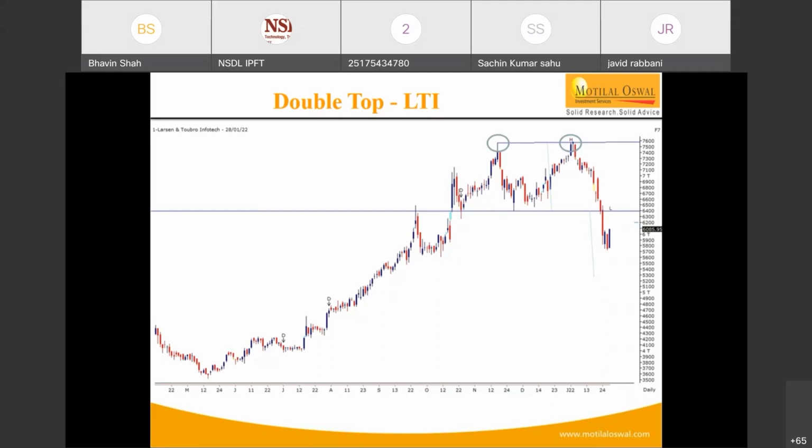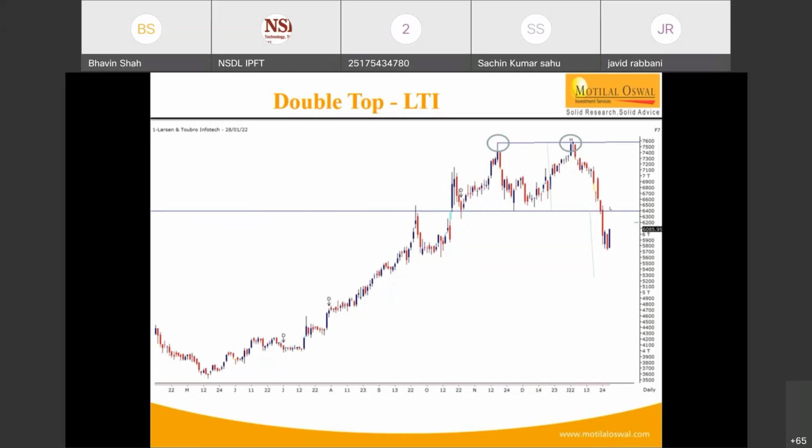So a break of that confirms the double top pattern, and then the entire height from the high of 7600, 7500 to 6400 near the neckline, that much amount of move is expected once the neckline at 6400 is broken. Then it may head lower, and the target comes of the entire height of the double top pattern, and it comes to lower levels of 5200.